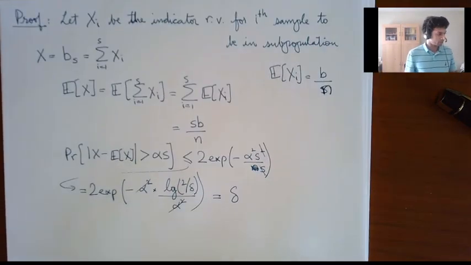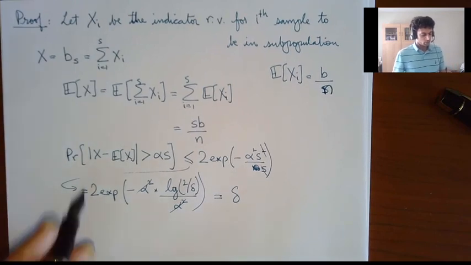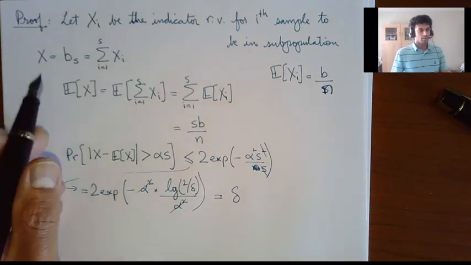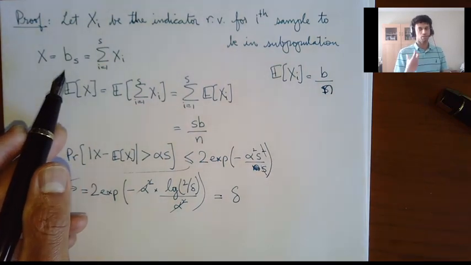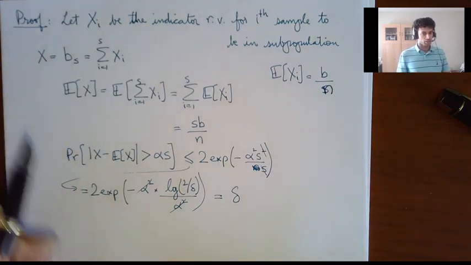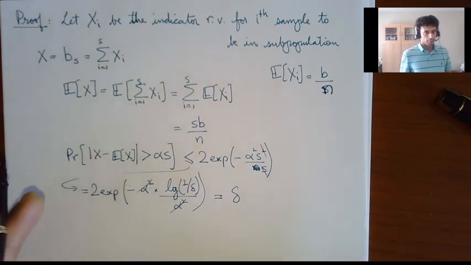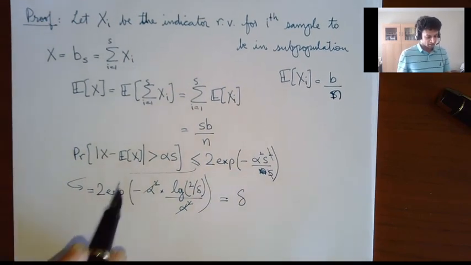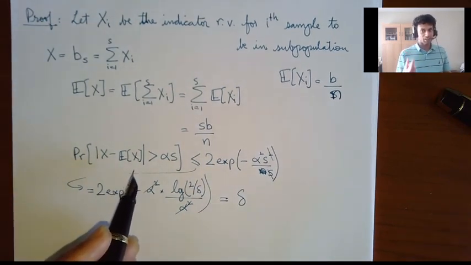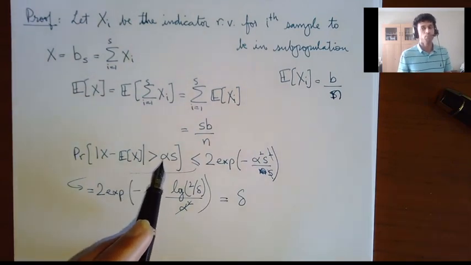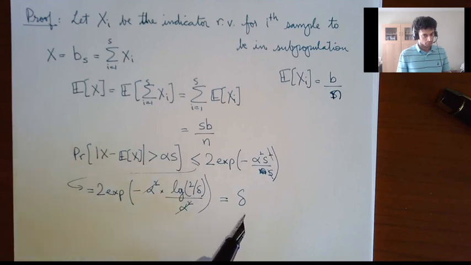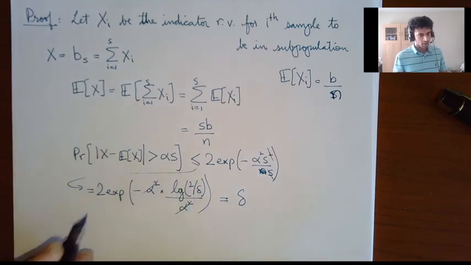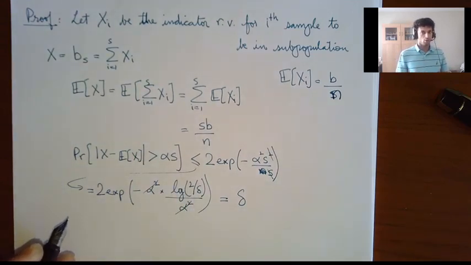So the probability that b sub s, which is the number of people you saw in your subsample, deviates from the expected value by more than alpha times s is at most delta.